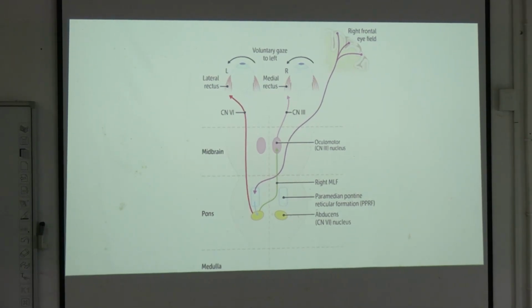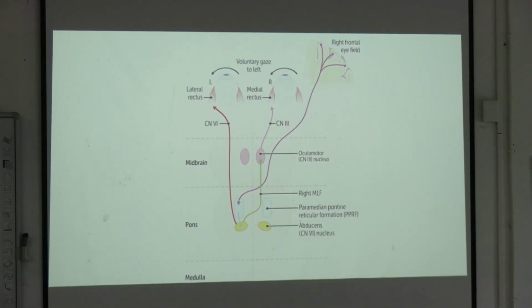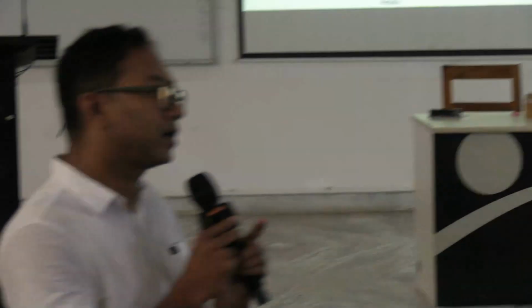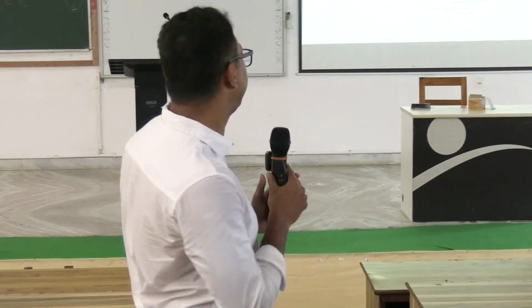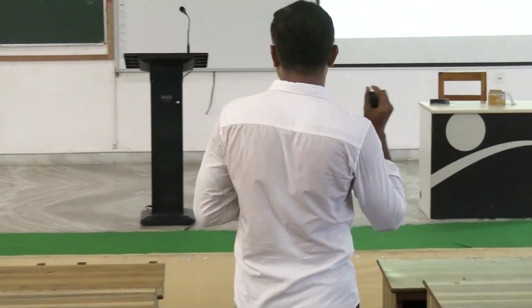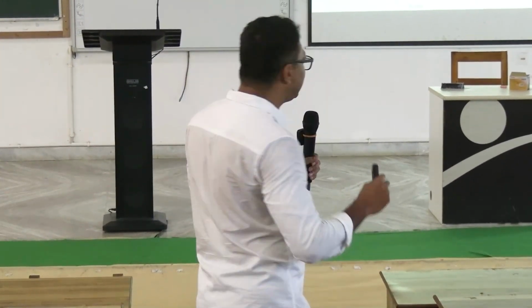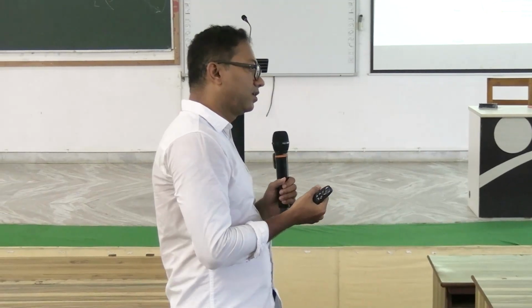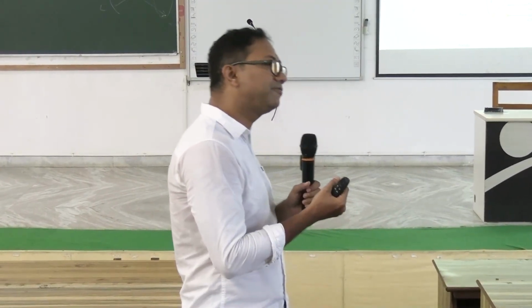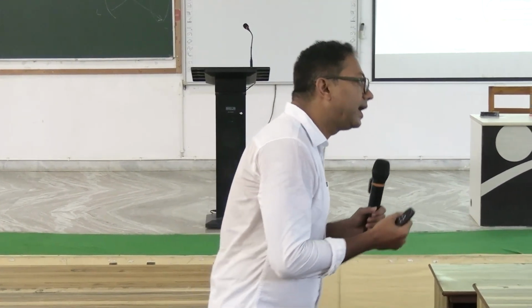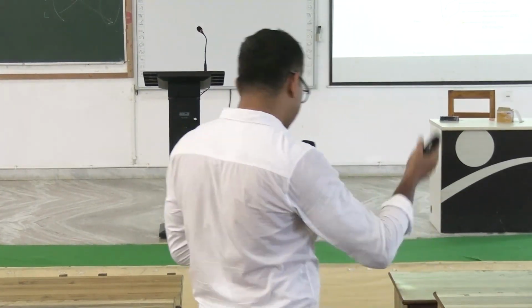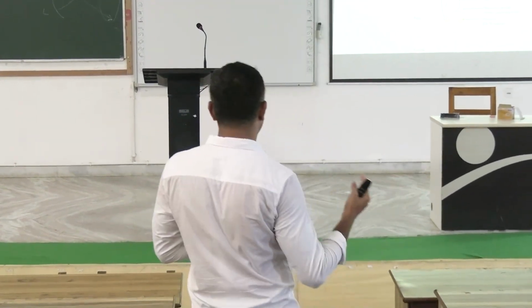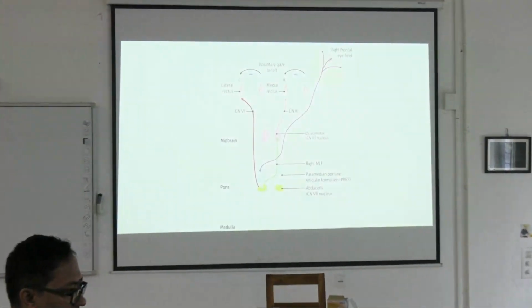Right eye abduction will happen, but left eye adduction should happen and will not happen. So internuclear ophthalmoplegia is a phenomenon where there is adduction failure of the opposite eye, and in the unilateral or ipsilateral eye there will be abduction with nystagmus.